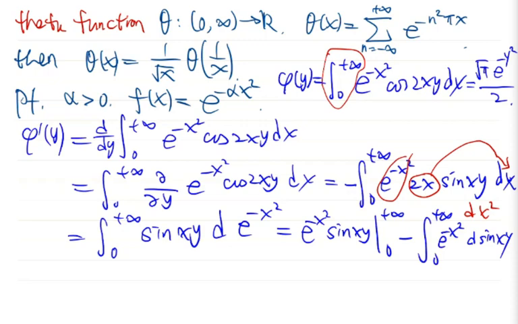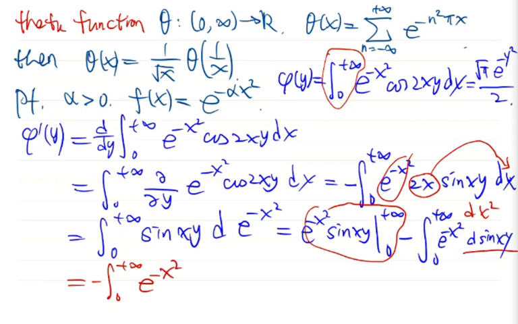Integrating by parts, yes, but the first term is 0. When x goes to infinity, exponential minus x squared goes to 0. When x is 0, then sine xy is sine 0, therefore it's 0. So this is 0.